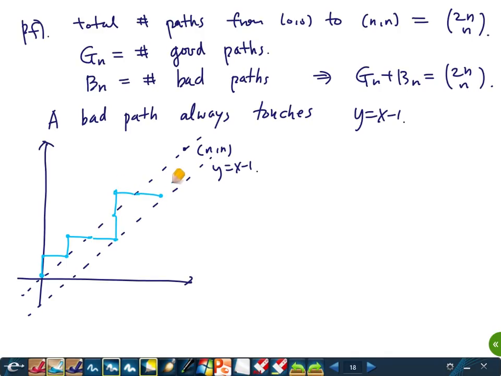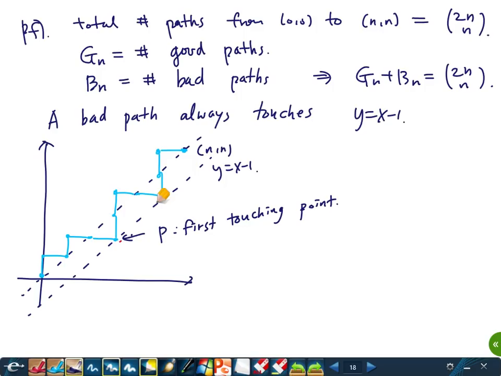It may touch this line several times, but at least once. Let's say P is the first touching point. You may have several touching points, but just find the first one.